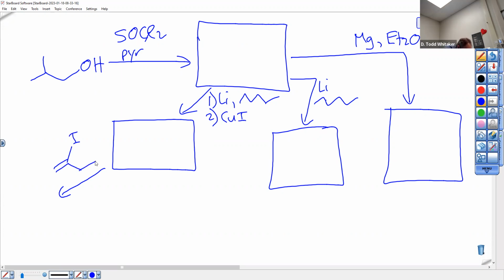And another box. And what else are they good for? Opening epoxides, huh? Some styrene. It's a road map.